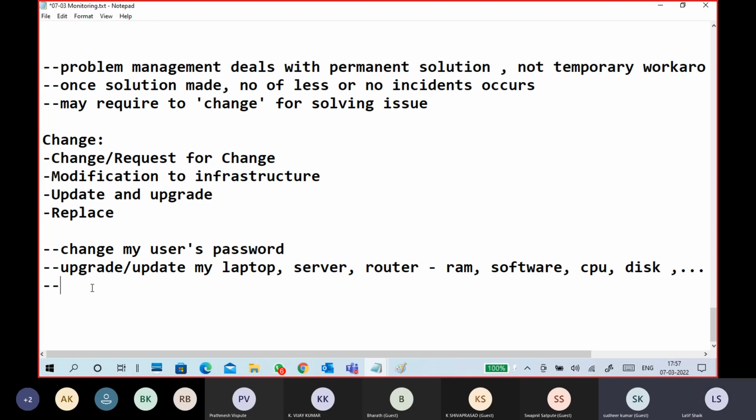So when you update, what things can you do? Replacing faulty items: if RAM is not working, you replace it.